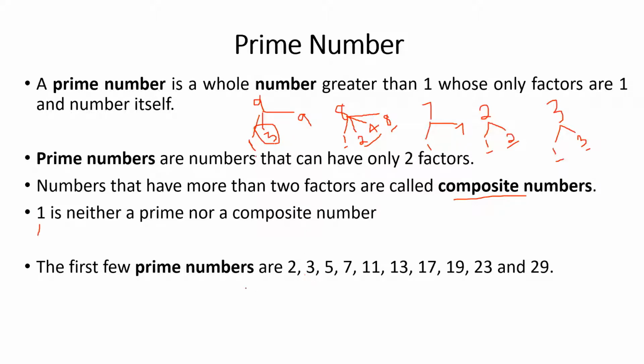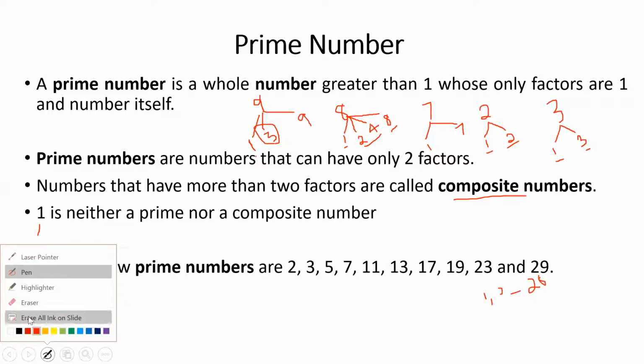But when we take these numbers, see the few prime numbers I have listed here. If you take 29, and try dividing 29 by any of the numbers starting from 1, 2, 3 up to 28, you will see it will not be dividing 29. Only 2 numbers will divide completely, giving remainder 0. What are those 2 numbers?